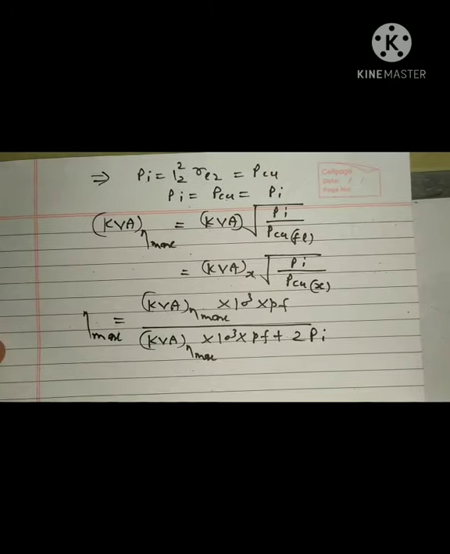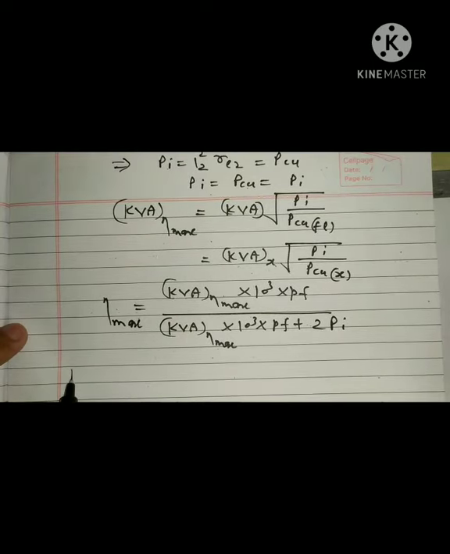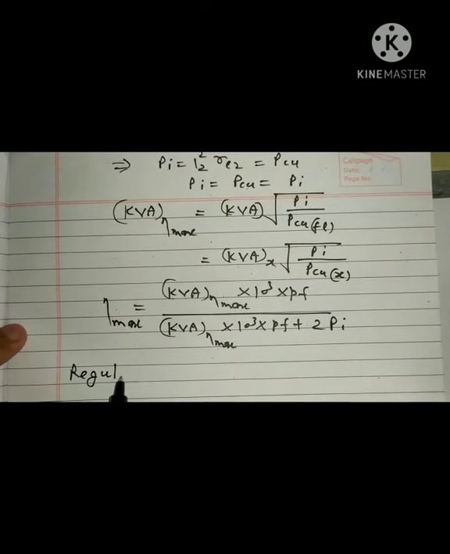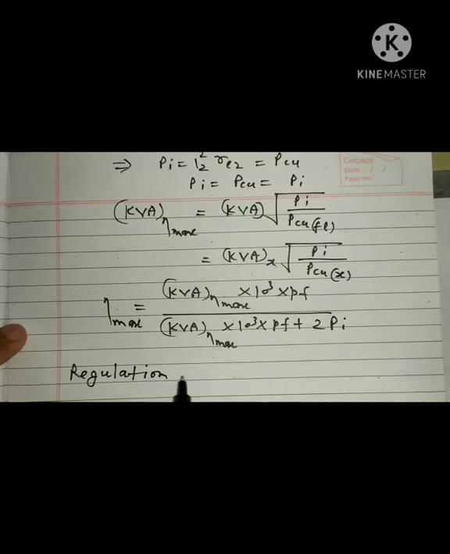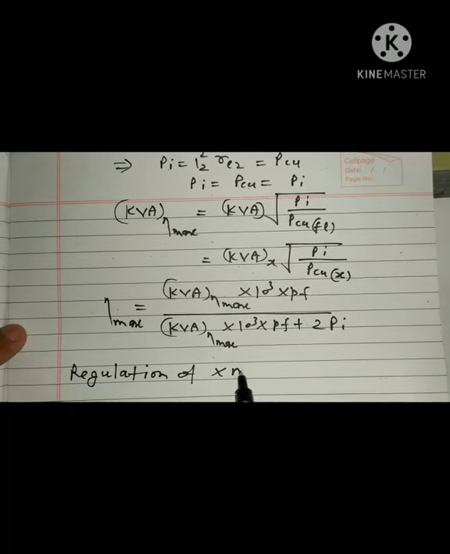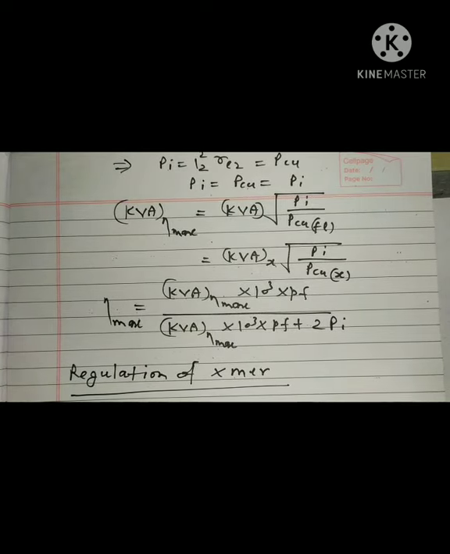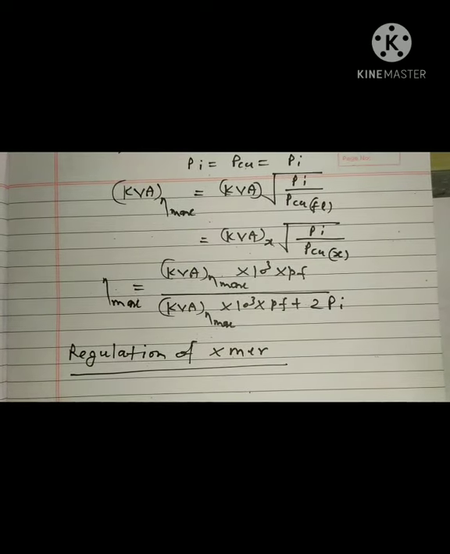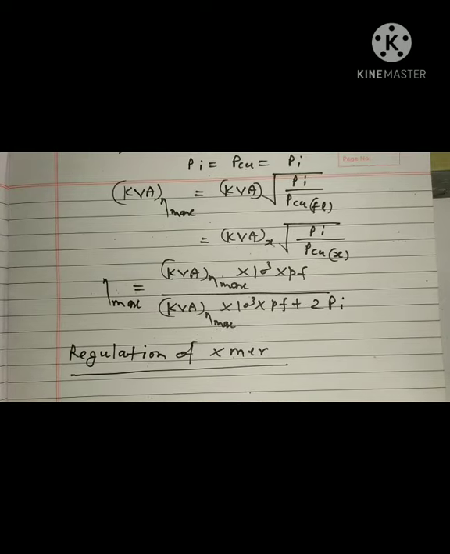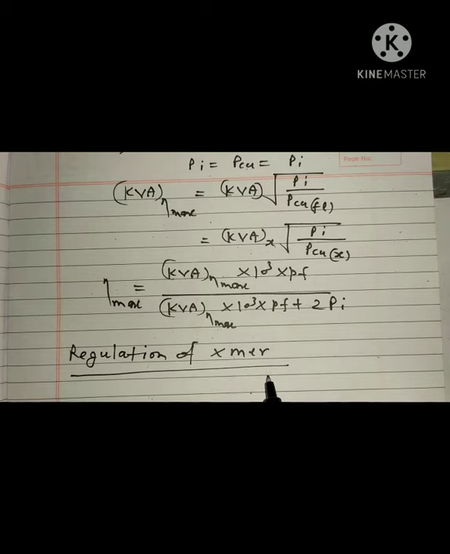Now let us see regulation of transformer. So while transferring power, as load changes, we are seeing variation in load voltage, right, which must be maintained constant, and for that we need to regulate voltage to have constant rated voltage.